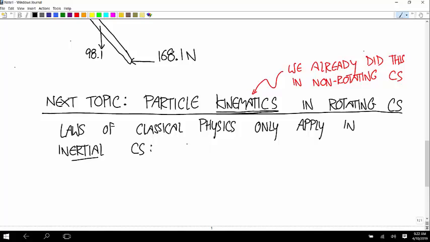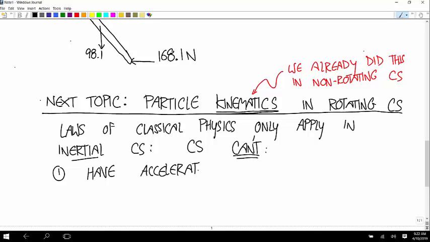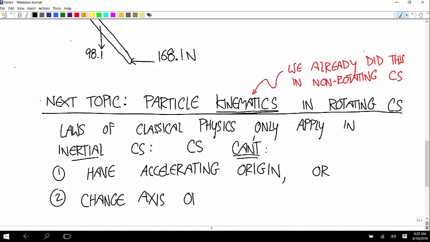So that means the coordinate systems can't first have accelerating origins, or second, they can't change axis orientation over time.